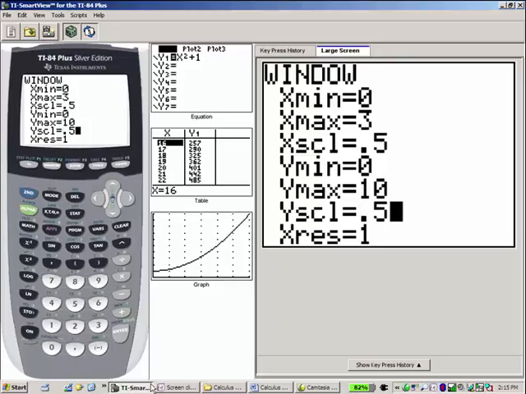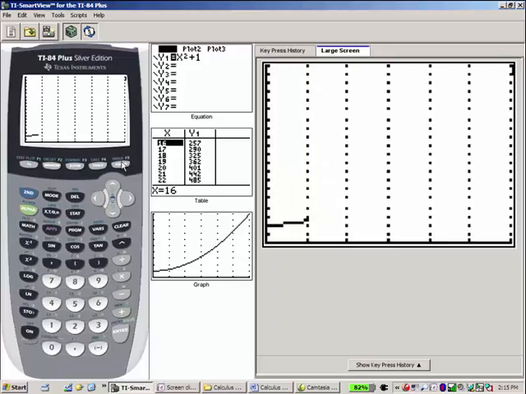And now if I go back to my graph, can you see how you could probably be more accurate counting your squares? But what's the downside?